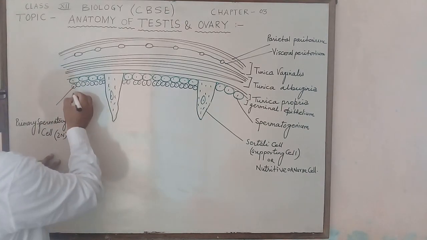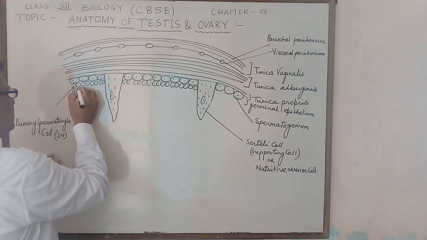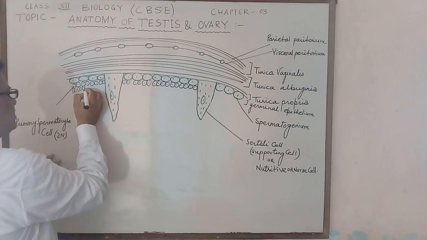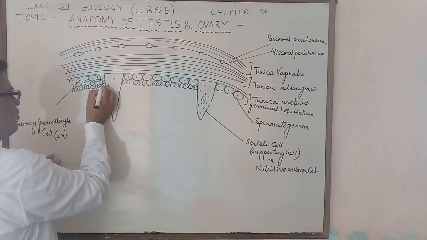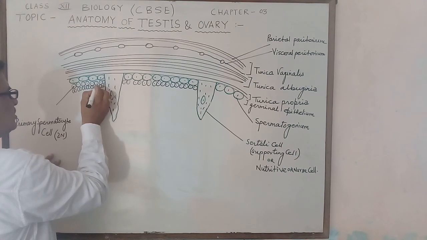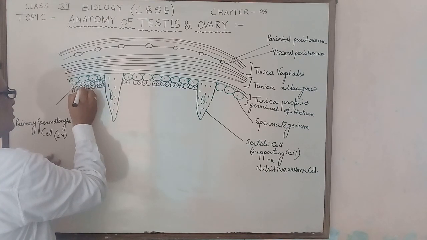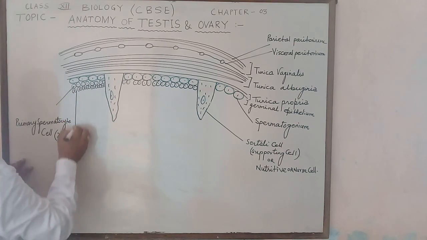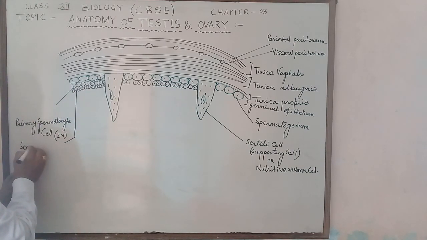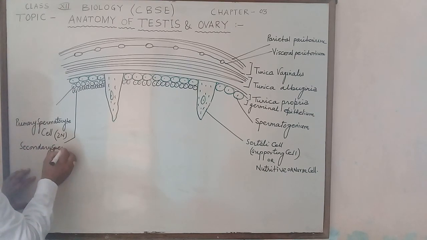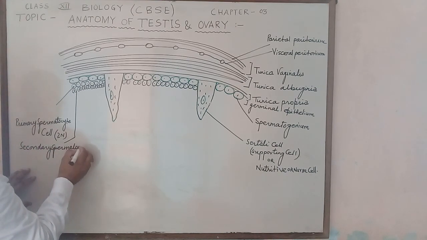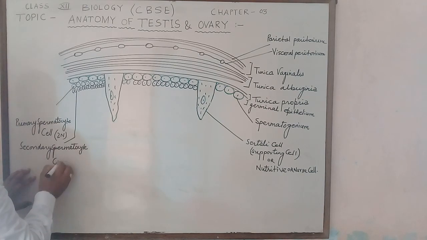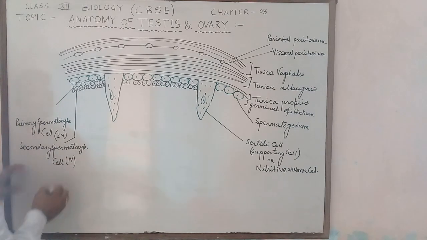Later on, each primary spermatocyte cell divides into two cells, and these cells are now known as secondary spermatocyte cells. The secondary spermatocyte cell is haploid.